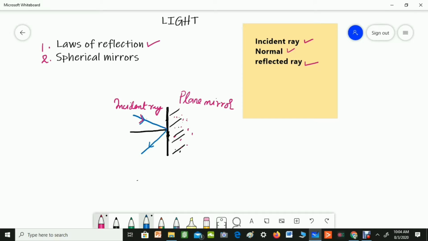And you know what is happening when a light is incident on the plane mirror? It is reflected back. So this is reflected ray. And the line drawn perpendicular to the surface of the mirror is normal.